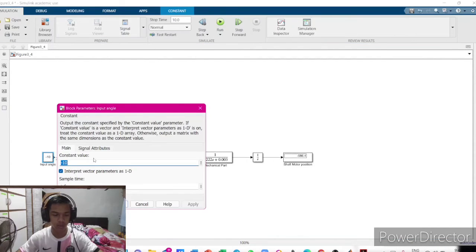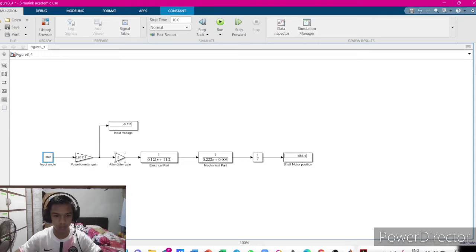So we increase again the input angle to 360. Then we set the attenuator gain to 8 and we run. We get the input voltage 220 and the shaft motor position 30,680.